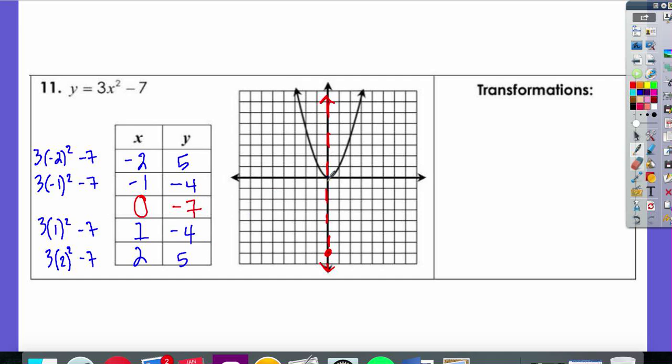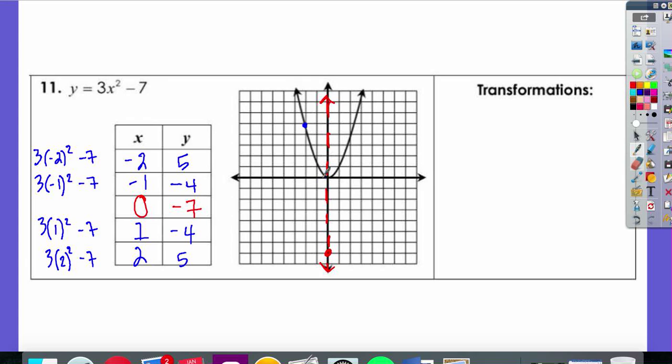So plotting these points, we've got negative 2, 5, so 1, 2, 3, 4, 5.